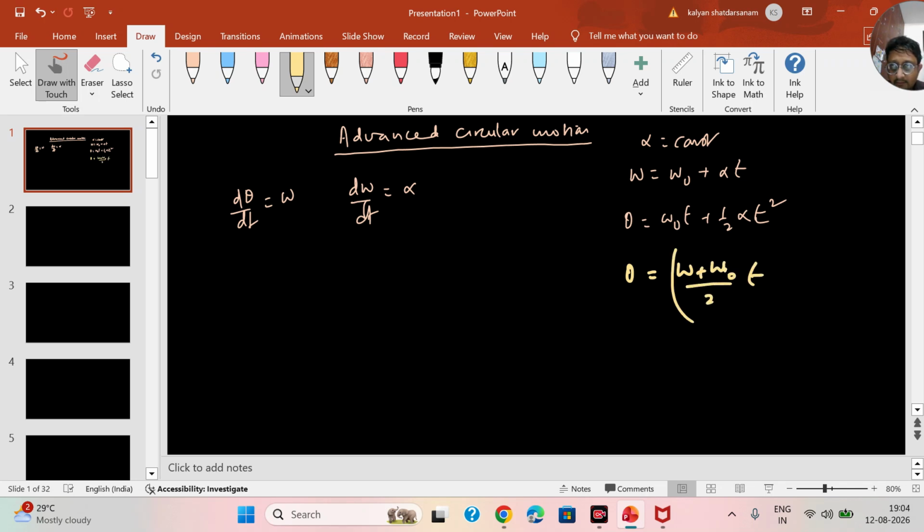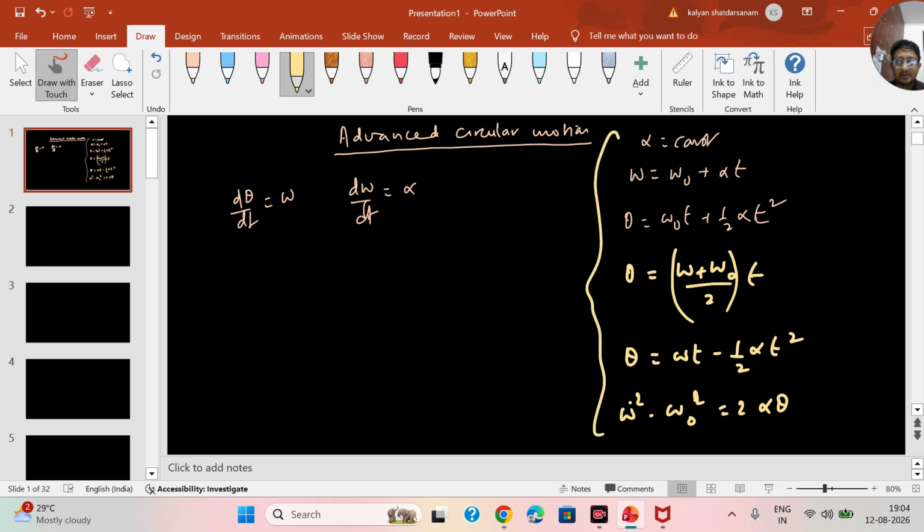This is also a very useful equation. Or theta is omega t minus half alpha t square, or omega square minus omega naught square is 2 alpha theta. These are our equations if alpha is constant.